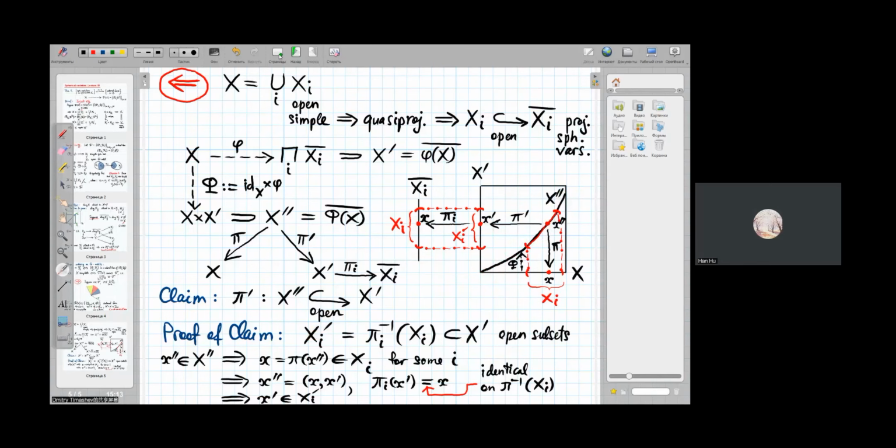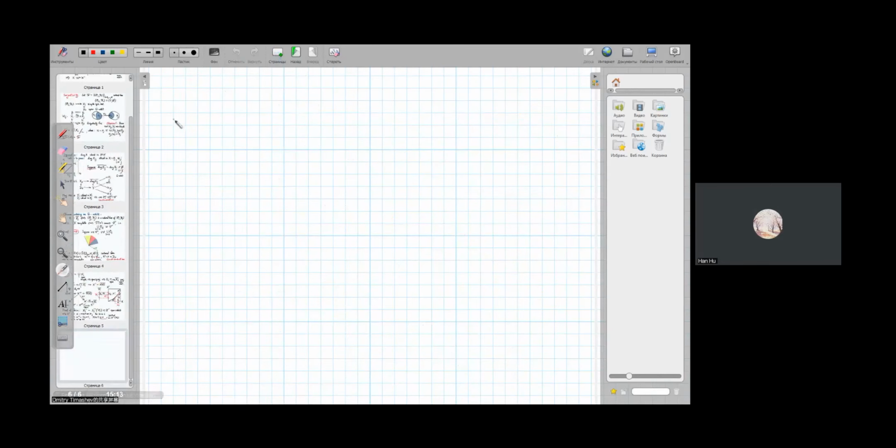Let me turn now to the next page. So hence, pi prime of x double prime sits in the union of these open subsets xi prime.